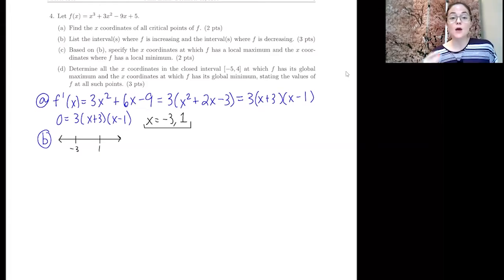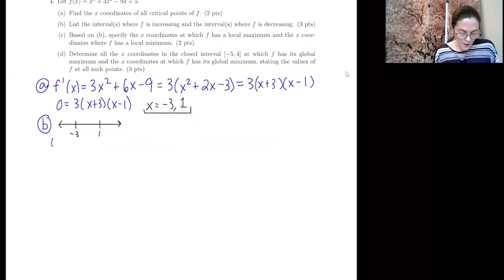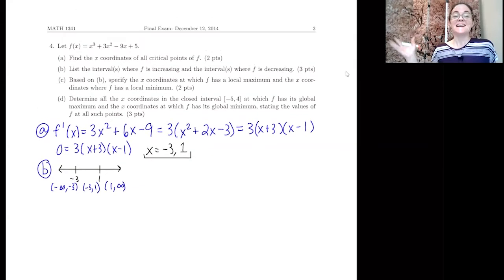Immediately, I can write the open intervals underneath. I would have minus infinity to minus 3 as one open interval, minus 3 to 1 as another open interval, and then 1 to infinity. These are the intervals that come when we divide the domain.